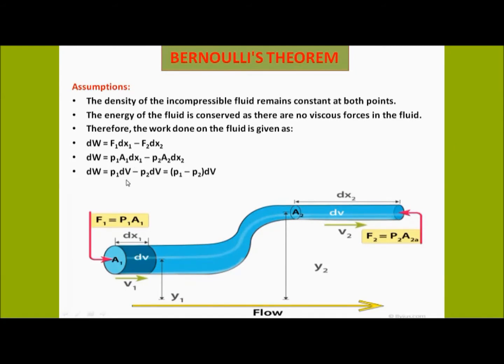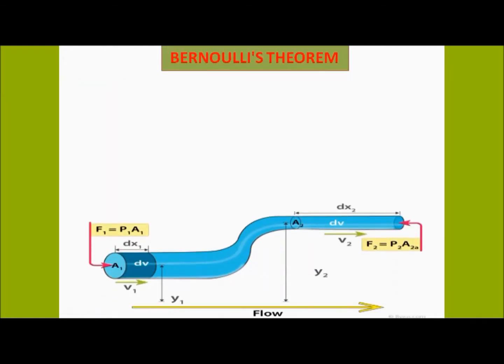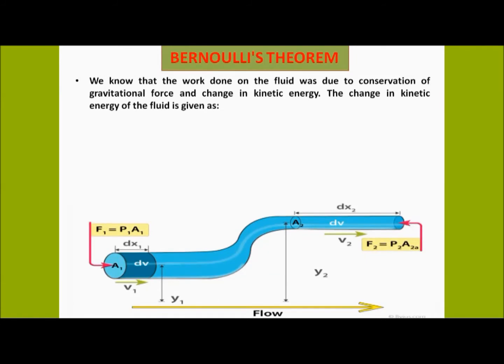So here we have taken the volume. Taking the volume as constant and out, the amount of work done is simply P1 minus P2 into the change of the volume, right? Now again, we know that the work done on the fluid was due to conservation of gravitational force.